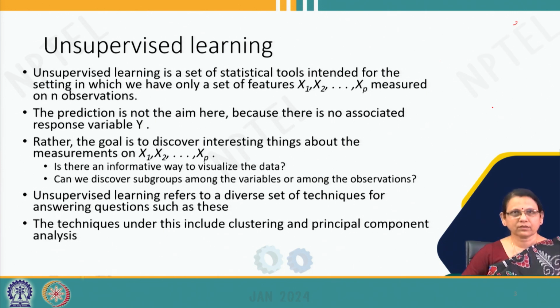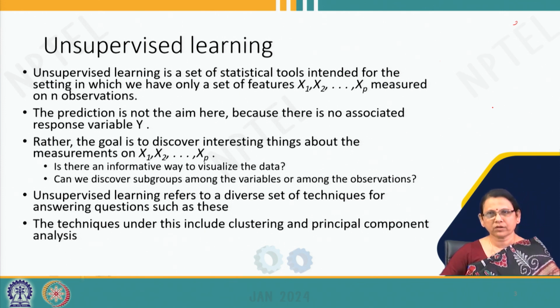So, let us discuss unsupervised learning. So far we have covered supervised learning, and there we saw both regression as well as classification approaches. Now, in both these supervised settings, in the data set we have the attributes as well as one response variable.